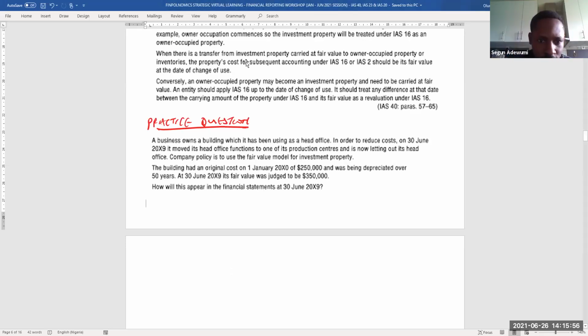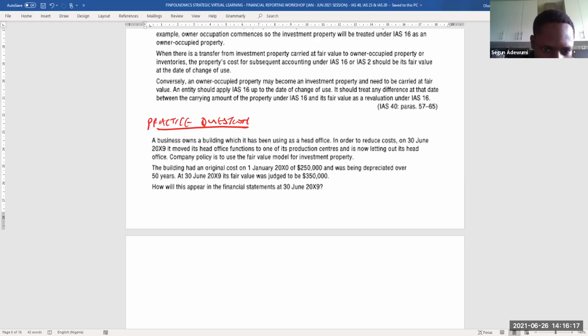Okay, a business owns a building which it has been using as a head office. In order to reduce costs, on 30th June 20X9, it moved its head office function to one of its production centers and is now letting out its head office. Company policy is to use the fair value model for investment property.